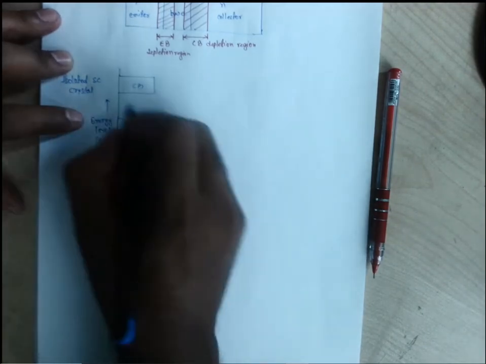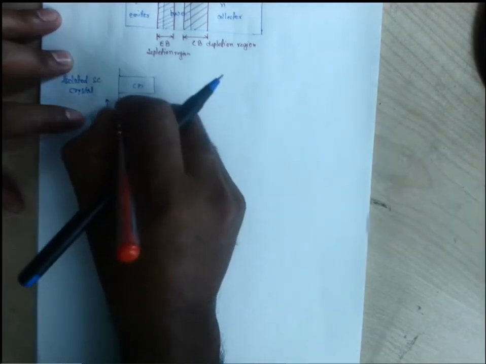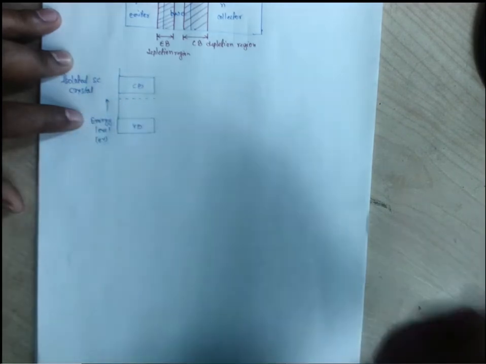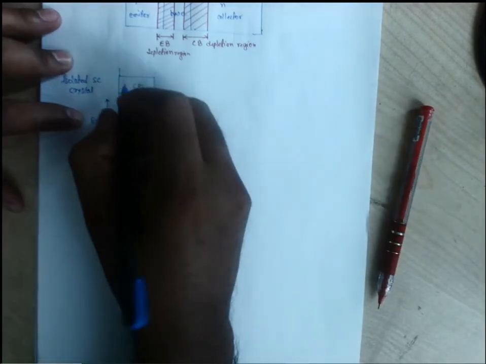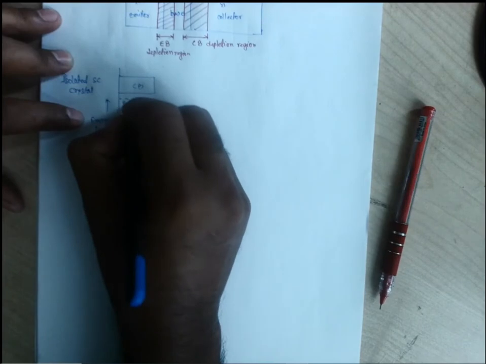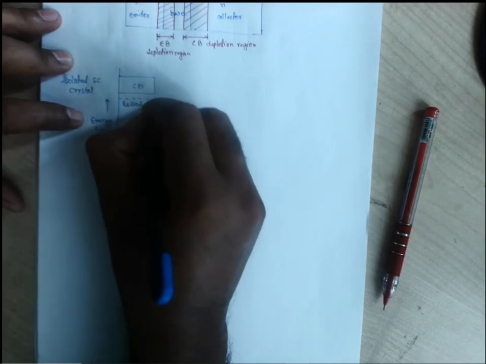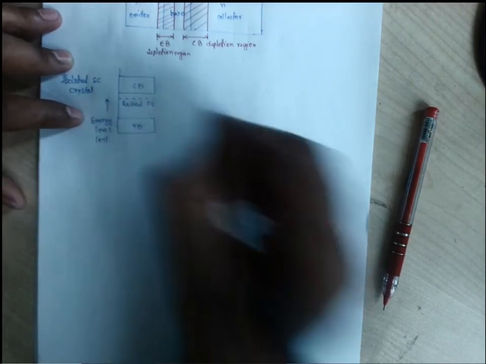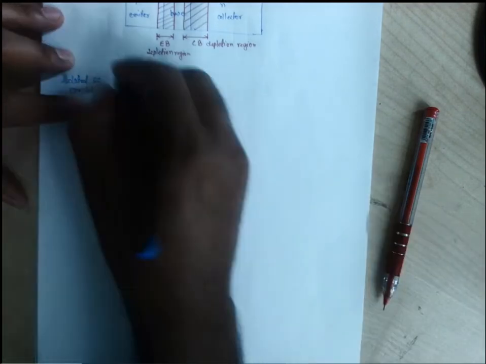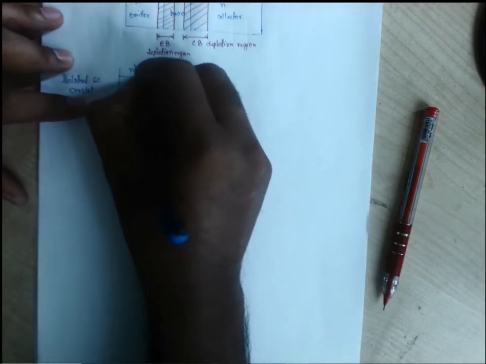Obviously this Fermi level will be quite near to the conduction band. It is what is known as the raised Fermi level, for the N plus emitter.